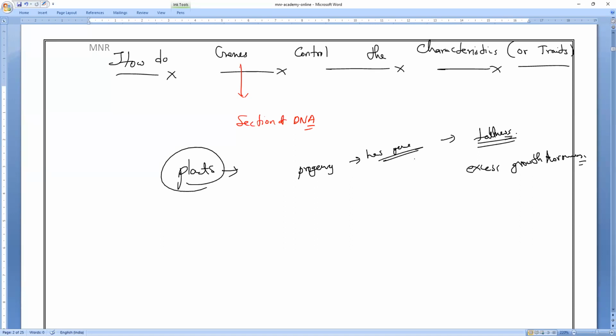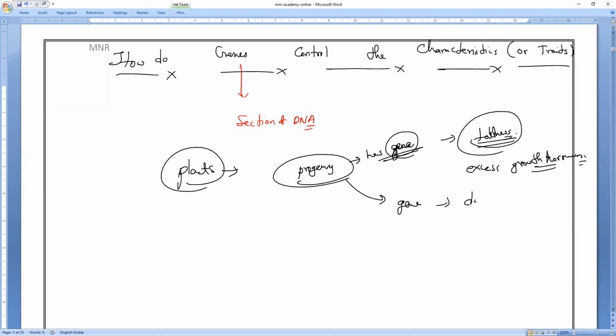So because of the gene in the progeny, it will initiate the plant cells to release the excess growth hormone. That is how the plants will grow very fast. Like that, suppose I have a progeny of dwarfness. This is my gene. What will happen?